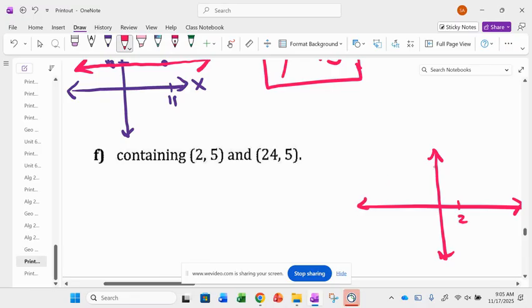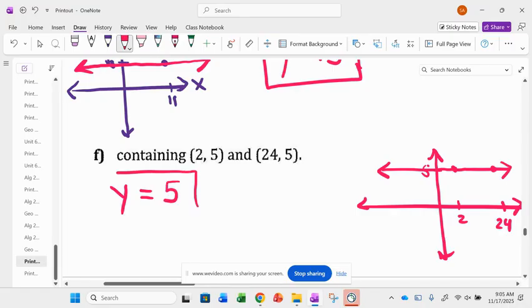Let's say this is 2, this is 5. And then I have (24, 5). And we put a line through that. It again is that horizontal line. So which special case is the horizontal line? X equals a number or y equals a number? Y equals. And y is going to equal what number? 5, the y coordinates.